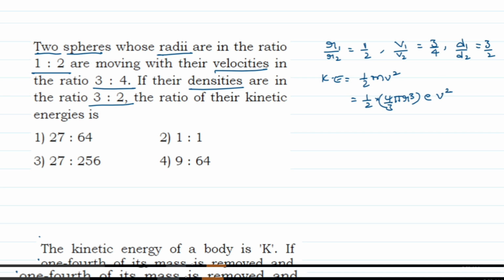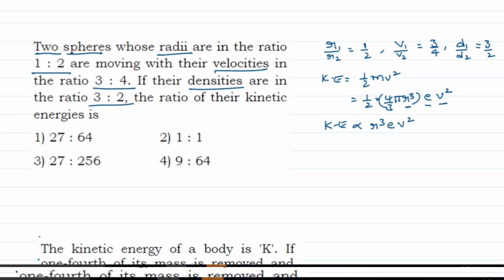Now first we need to identify how kinetic energy is related to the given parameters: radius, density, and velocity. So KE is directly proportional to r cube times rho times v square.